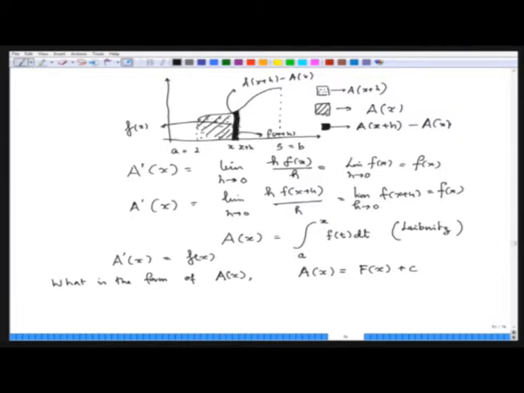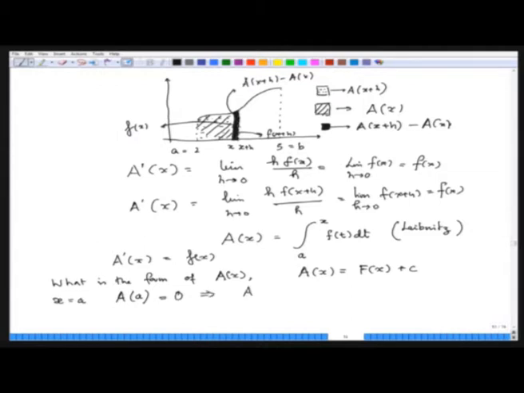Of course, if I come to this end point, I will put x equal to a. What is the area value at a? The area at a is 0 because the length, the breadth is 0. So A of a is 0. So if A of a is 0, I put a here and a here.